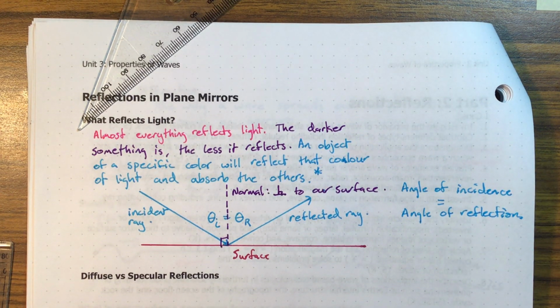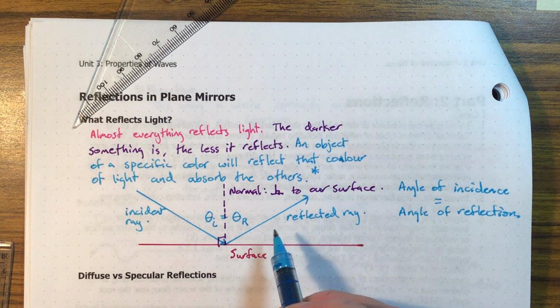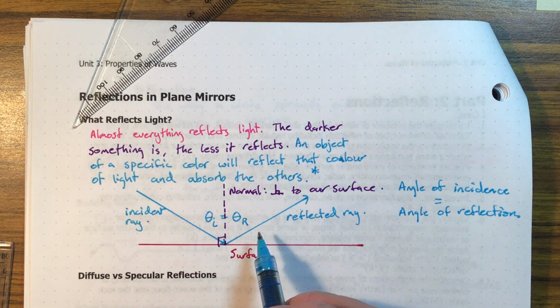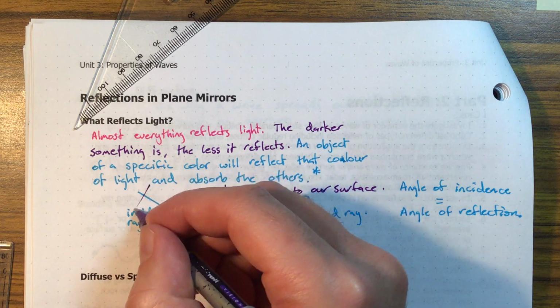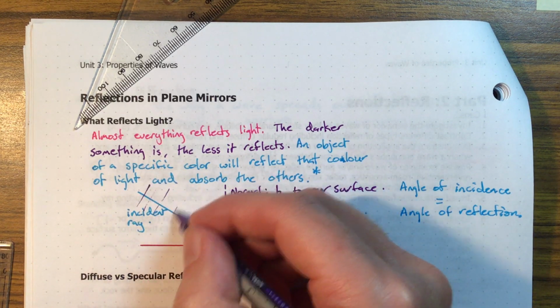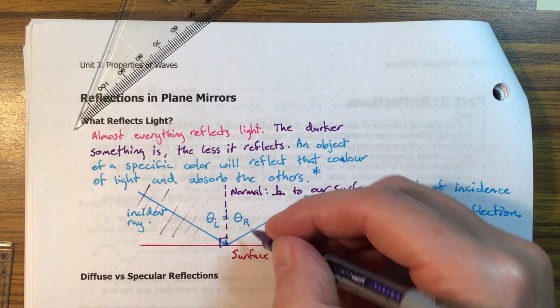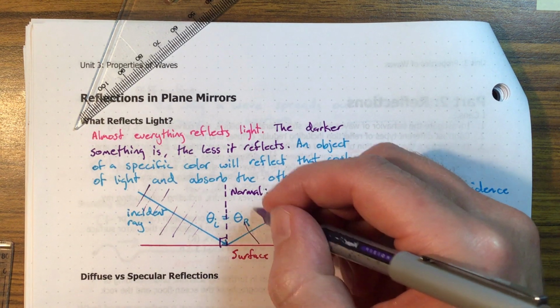Now, we are mostly going to be just dealing with light when we're dealing with reflections, but this same principle occurs with other things like water waves or sound waves. So, for instance, and you don't need to draw this, if these are water waves coming in like this, when they reflect, they will reflect out like this.